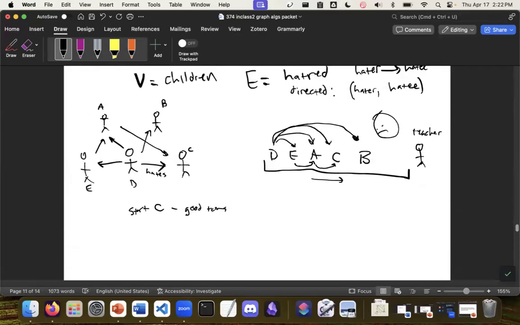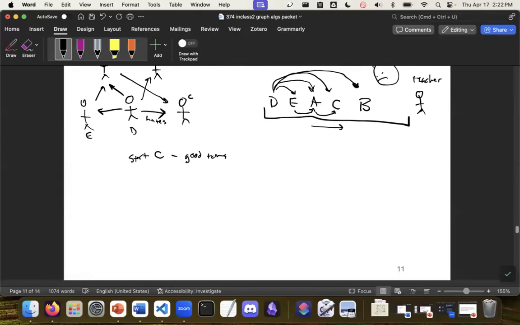So if we decide in this example to start with C, what are we doing in general? We're starting with C because they're on good terms with everybody. This is a decision that you can make. Probably in this scenario, we don't want any forward edges.